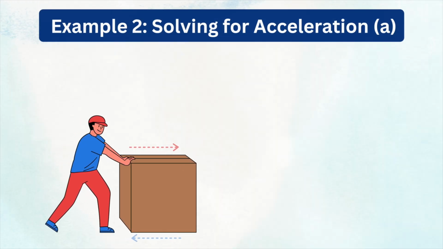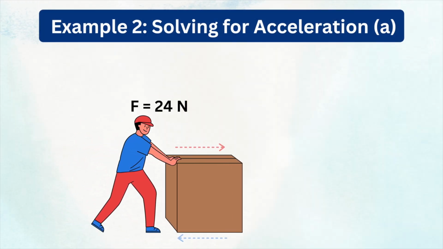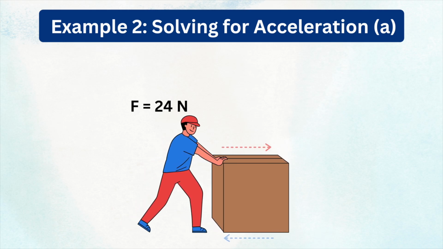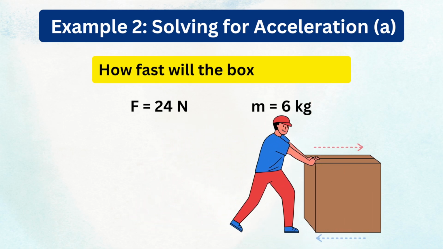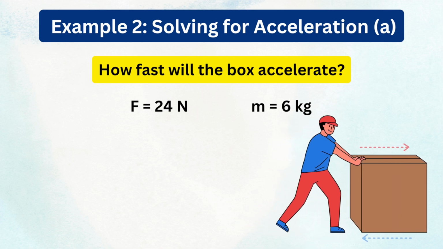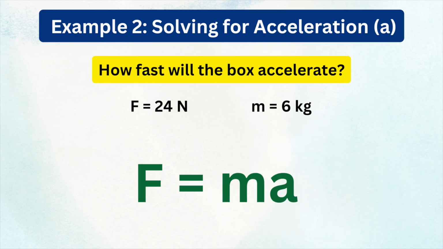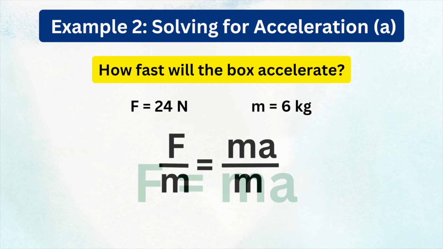Now, let's say you applied a force of 24 newtons to a box with a mass of 6 kilograms. How fast will it accelerate? We can rearrange the formula F = ma by dividing both sides by m to calculate for a.